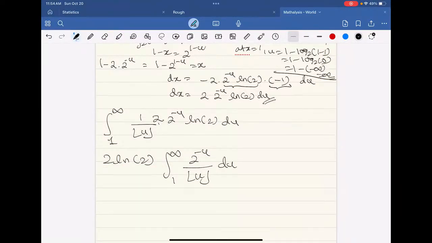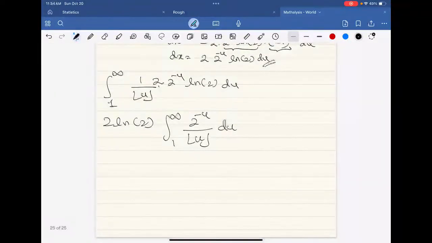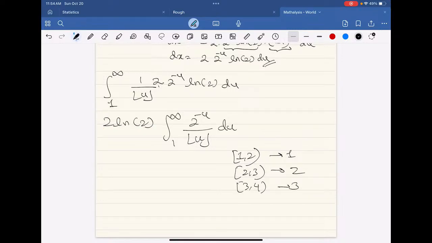Now whenever there's a floor function involved in an integral, what we will try to do is, we know that the floor function is kind of a discrete function, right? From 1 to 2, the floor will evaluate to 1. From 2 to 3, the floor will evaluate to 2. From 3 to 4, it evaluates to 3, right?